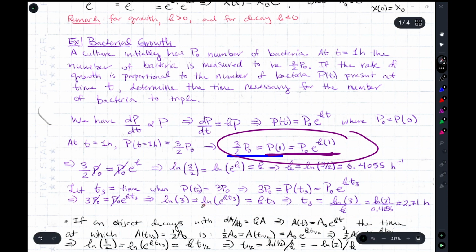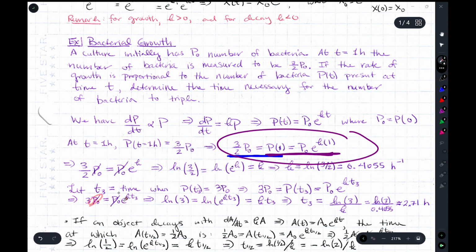And notice here that I define T3, T sub 3, to be the time when the initial population triples. Okay, that's just to make clear here that that's what I'm solving for in this problem. So again, left-hand side is the condition that we're solving for: 3 P naught is equal to P at some time. Right-hand side is plugging in T3 into our general form.